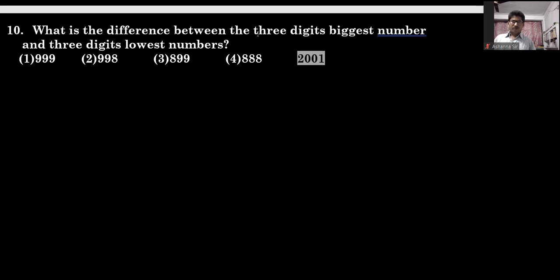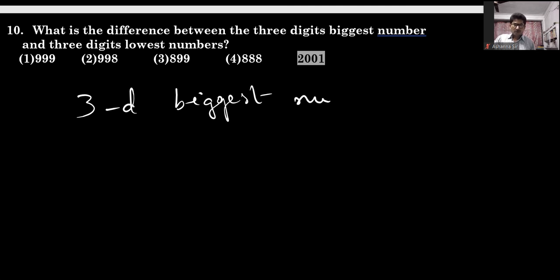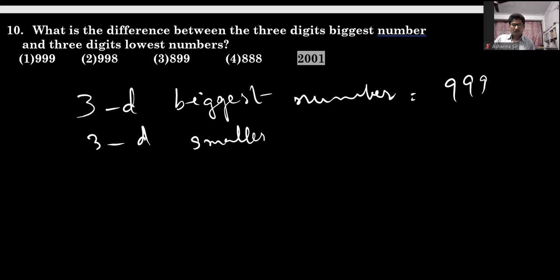10th one, what is the difference between the 3-digit biggest number and 3-digit lowest number? 3-digit biggest number is 3 nines, and 3-digit smallest number is 1 after 2 zeros.